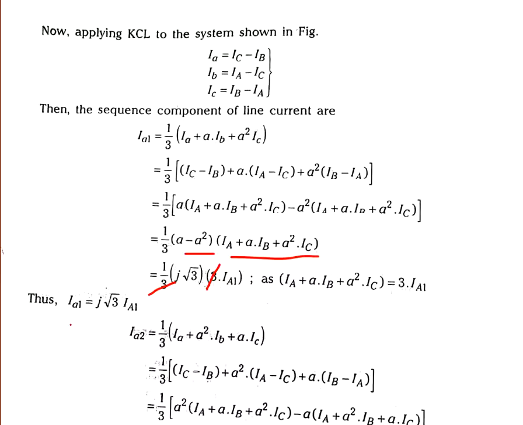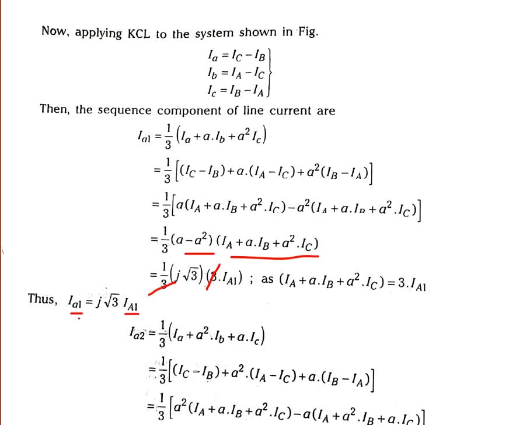However, in star, the positive sequence component will be leading by 90 degrees for the phase component. The same thing here. Here IA1 is my line positive sequence component of line current, and capital IA1 is my positive sequence component of phase current.